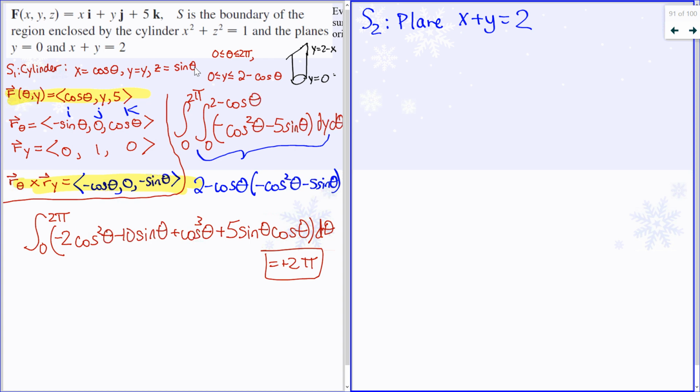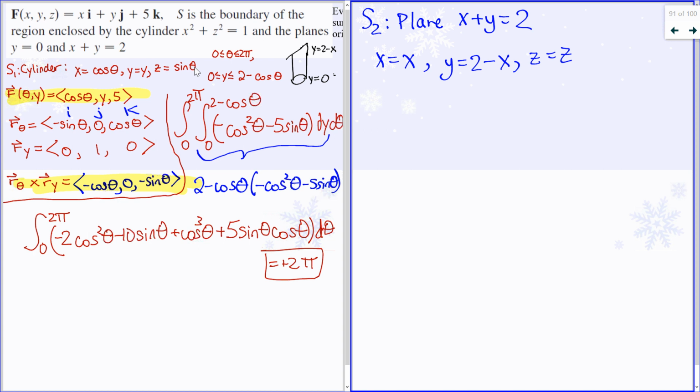We're going to keep x. We can write y in terms of x. And we're going to keep z, because z can be whatever it wants. We're in space. This is a plane, it's not a line. Z needs to vary in order for this to be a plane.